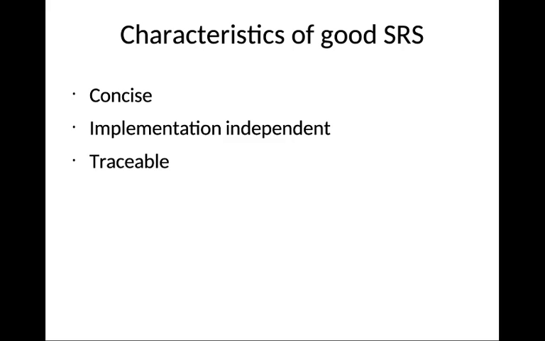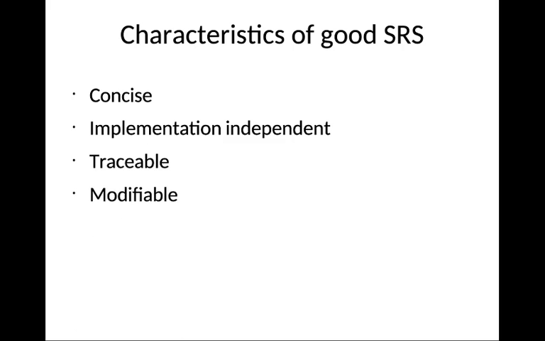Whatever is written in the requirements only should be designed and coded, and whatever is coded should be traced back to the requirements document. If we see something in the coding part and want to refer, we can easily go to the SRS and see that this is the thing that we have coded. So it should be traceable in both ways.